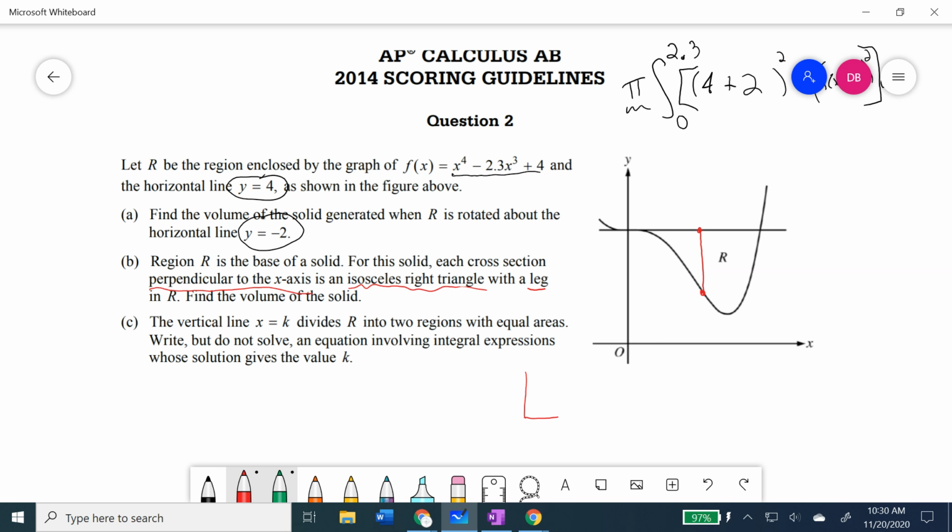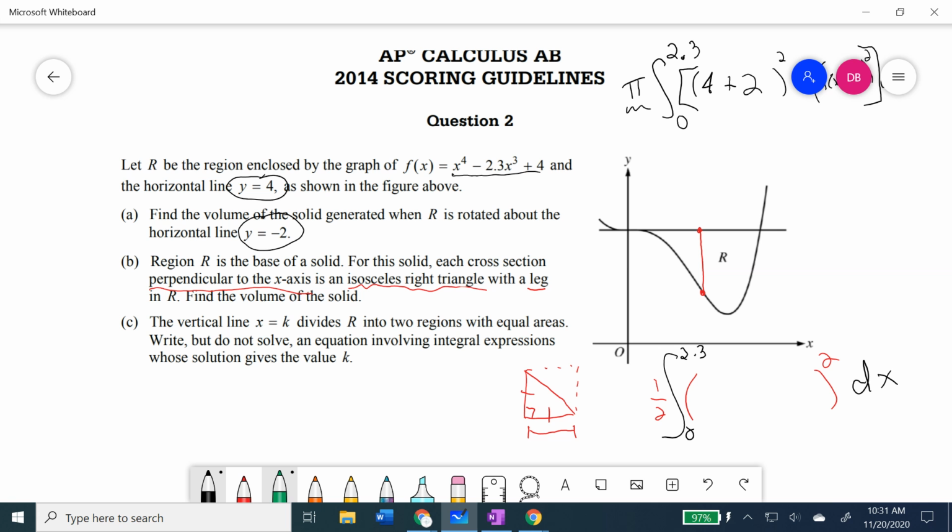So either you remember the formula or you come up with it. If you know the length of the leg of an isosceles right triangle, well, it's basically just half of a square. So your area formula is going to be 1/2 length of side squared. Then you're going to be using the same limits as you used in Part A. And again, if you have incorrect limits in Part A and use them here, they are seen as correct as long as it doesn't change the meaning of the problem.